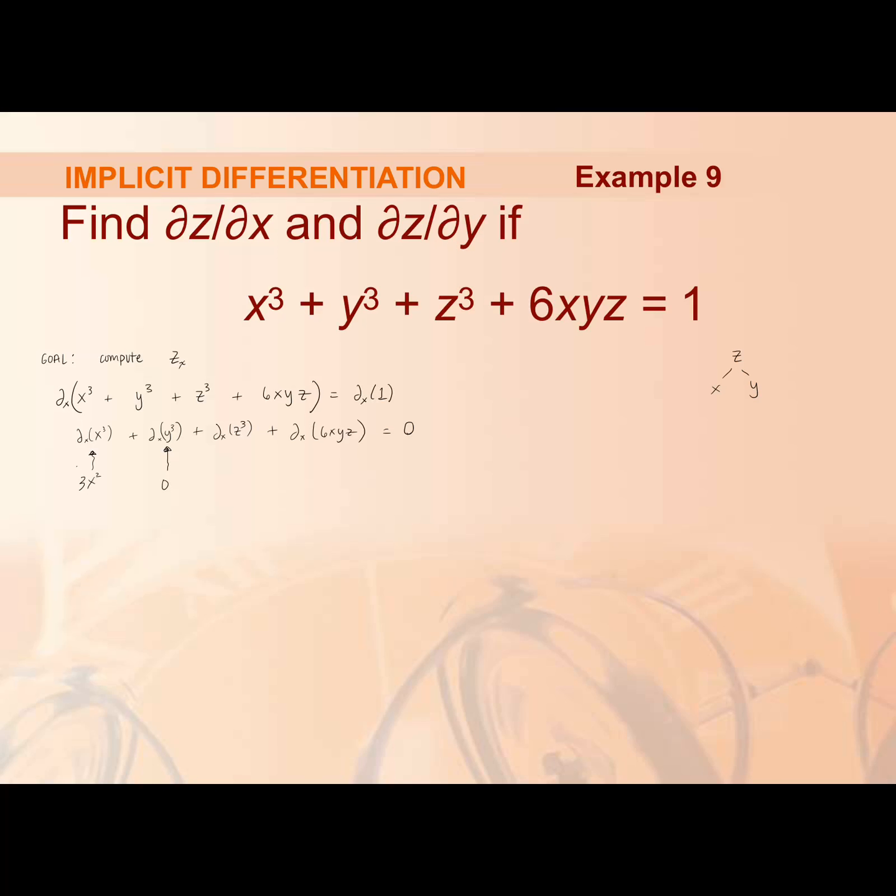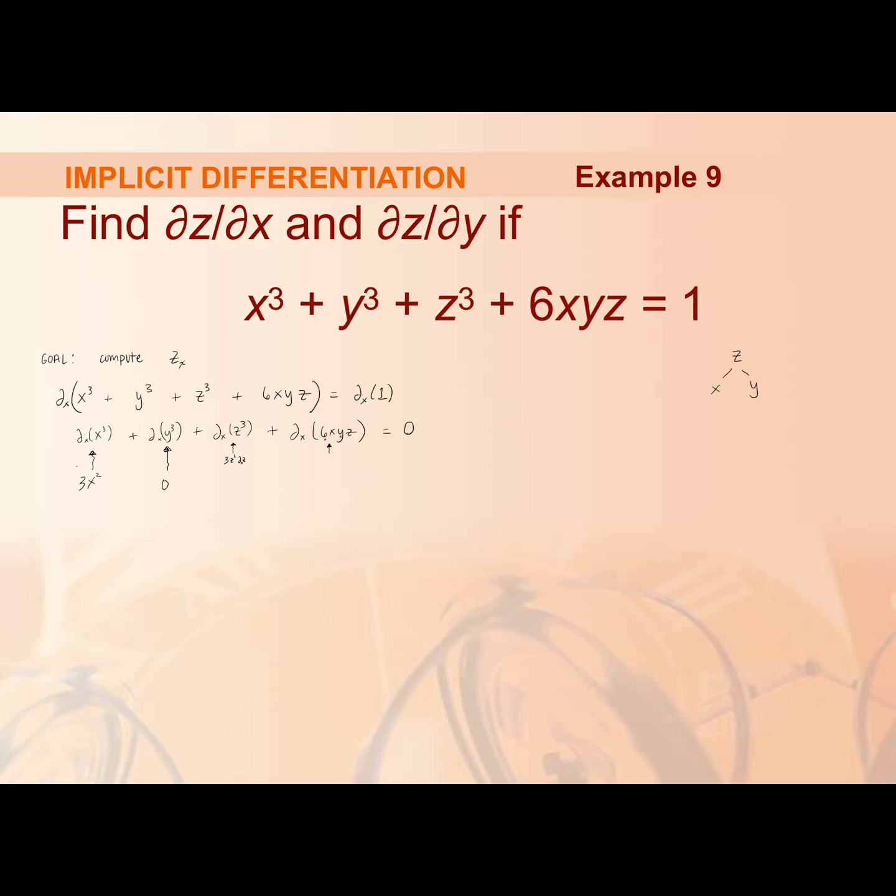Now, how about the partial of z cubed? So this will be 3, I'm using the chain rule now, 3z squared times the partial of z with respect to x. And over here, to break this down, I'm going to first notice that y and 6 are constants, so I can bring them out front.